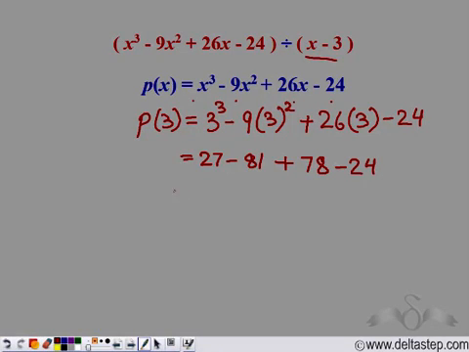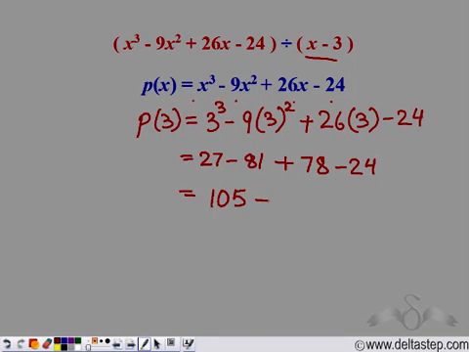So let us collect the positive terms together. 27 plus 78 is 105. Add the negative terms together.